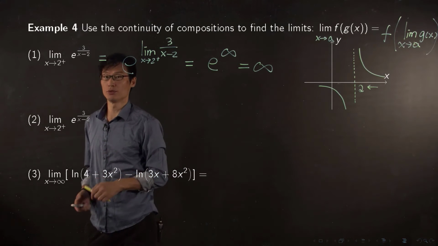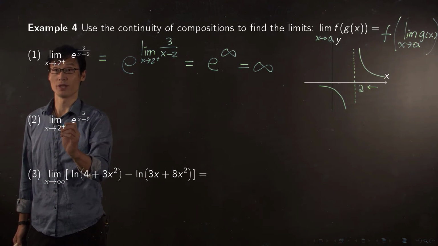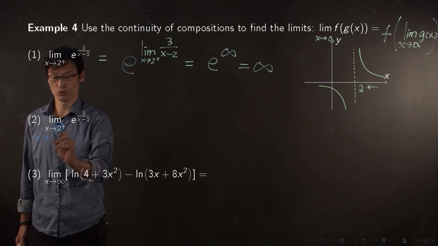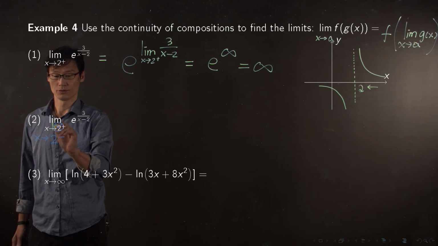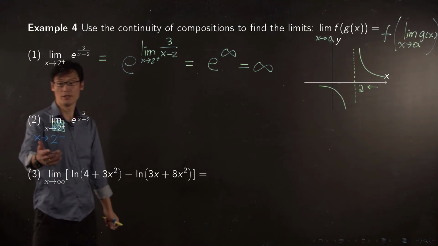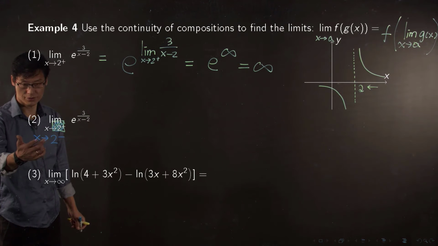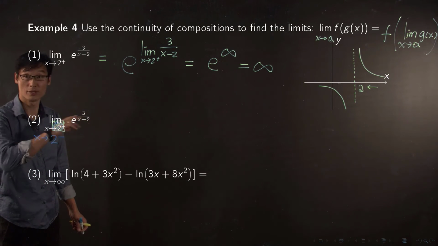In the second example, I meant x approaches 2 from the left. So let us take x getting closer to 2 from the left.